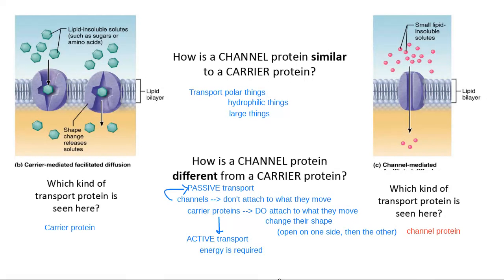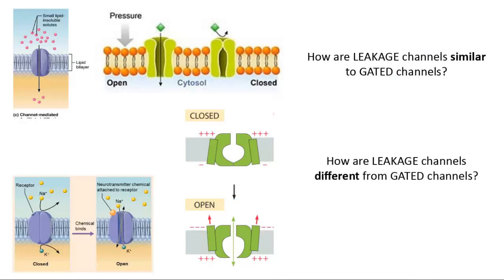Okay, well, let's look at our types of channel proteins then. Remember what we said before, and I'm going to type this because this is an important thing for us to remember. All channel proteins do passive transport.